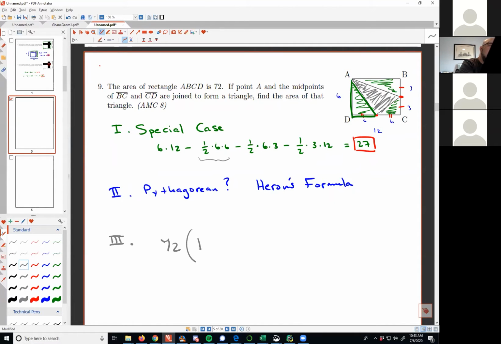We start with the whole rectangle, and then we subtract off each triangle. The first one has area 1/2 times 1 times 1/2 of the big one, because it has the same width but 1/2 of the length of the rectangle. And then of course we multiply it by 1/2.